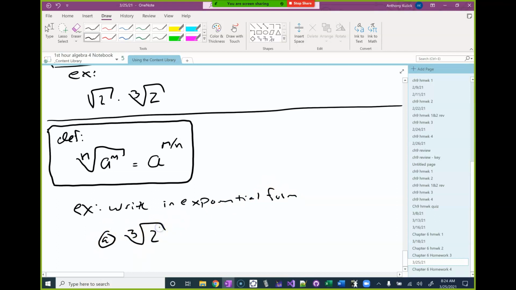It's there, but we never write it. The exponent is 1, right? Everybody's cool with that? So if I follow the definition here, the index of my radical is the denominator in my exponent. And the exponent on the radicand, that's the number underneath the radical, is the numerator. So this is just 2 to the 1/3. Everybody okay with that?